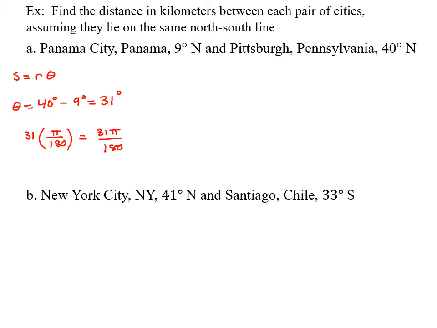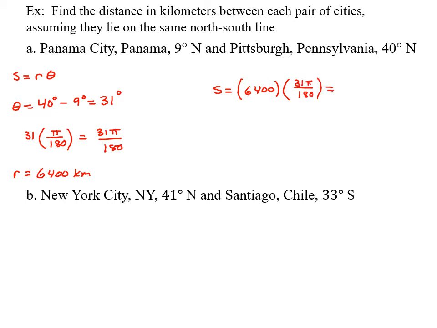Now, you'll have to know what the radius of the Earth is. And some people say that's common knowledge and some people don't. Since we're in kilometers, the radius of the Earth is about 6,400 kilometers. If you don't know that, now you do. And so then my arc length would give me my distance between the cities by using the radius of 6,400 times 31 pi over 180.